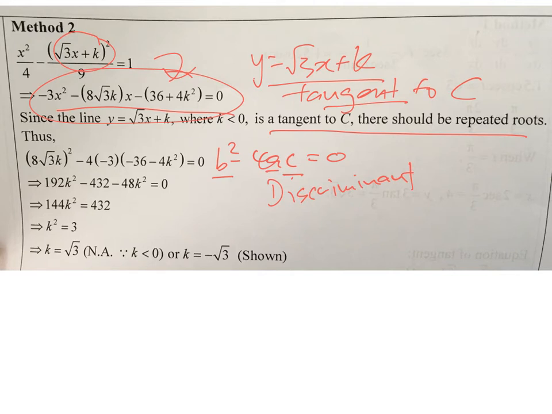From here, we gather that k squared is equal to 3, and therefore k has two values, positive and negative square root of 3, and of course we reject the positive one, since we're given that k is a negative value.